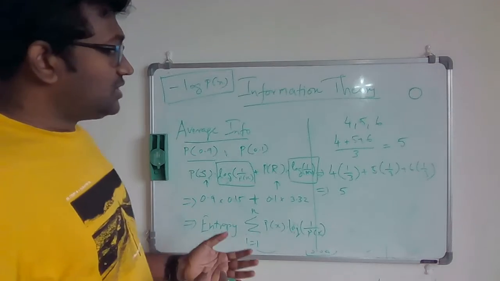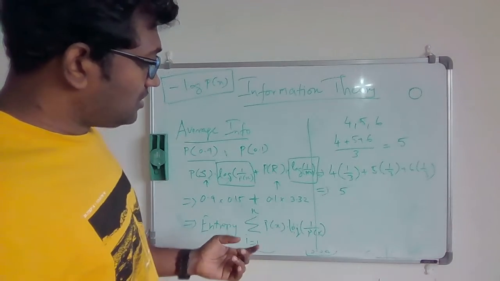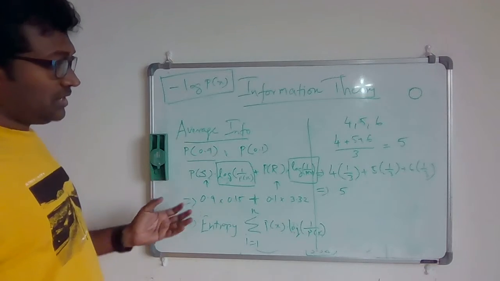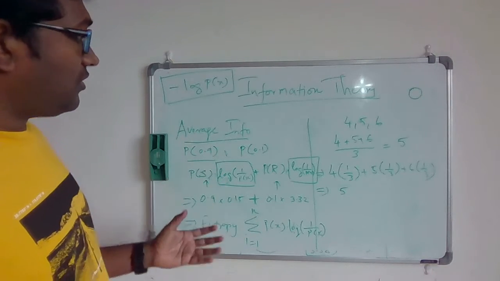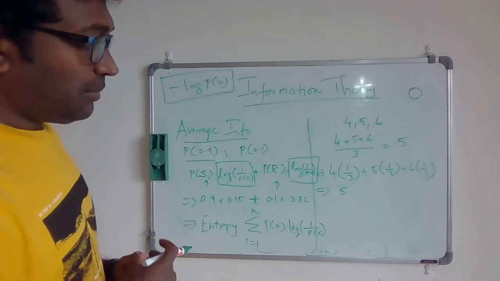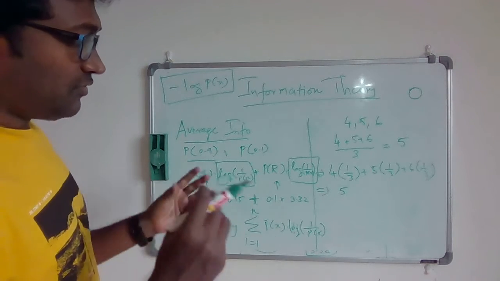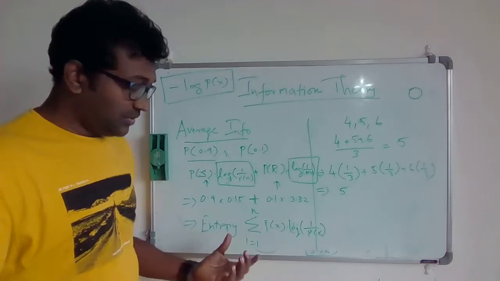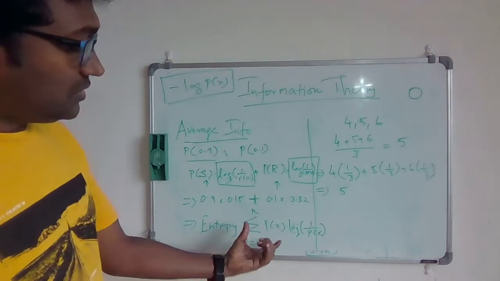So what we have seen is information, and we have also seen entropy. Entropy is average information. Entropy is also known in a different form in physics, about the motion of particles, something like that, which is probably not directly related to what we're talking about. This talks about information entropy.